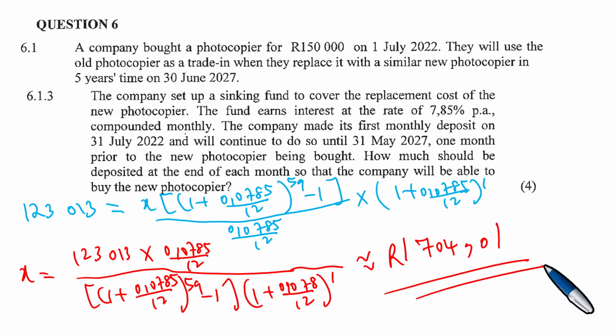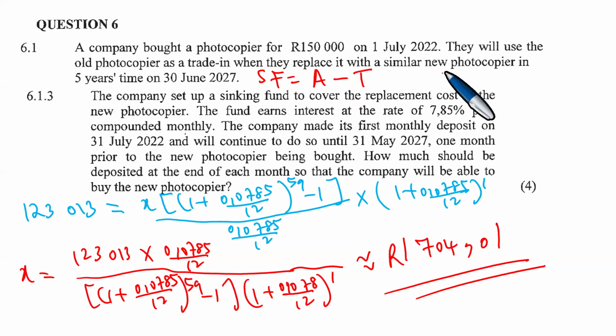Any question? Okay, some of these questions will require more reasoning, but in this question, you need to remember that the formula for the sinking fund is the future value minus the trading value. That is what we use to get the sinking fund.